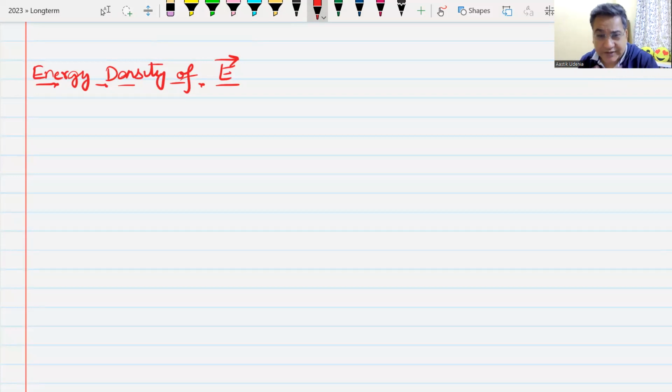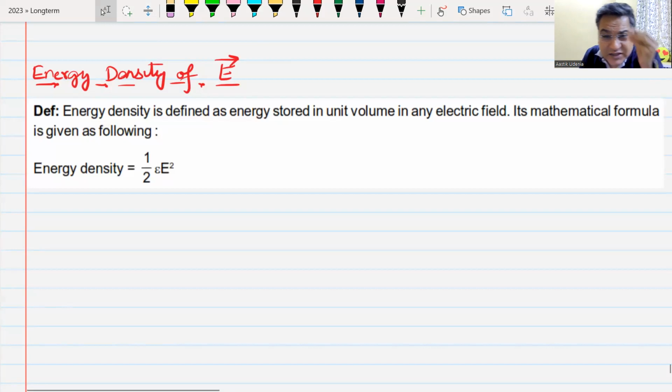Electrostatic potential energy, gravitational potential energy, magnetic energy is stored in that space. How much energy is stored in a given small volume is known as energy density.